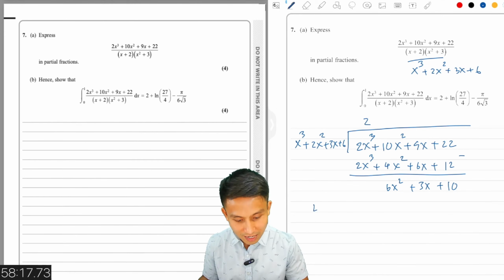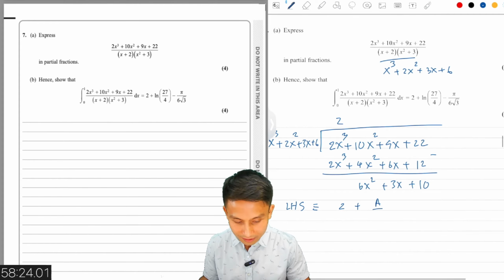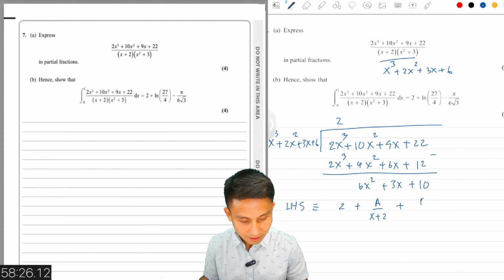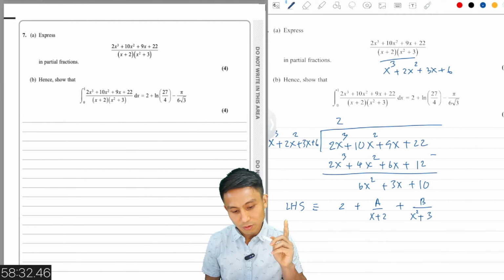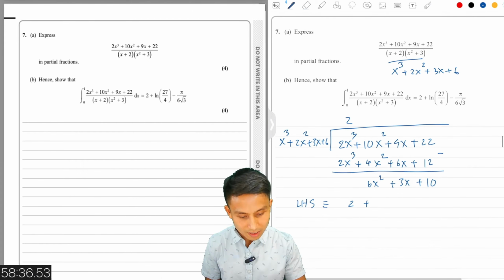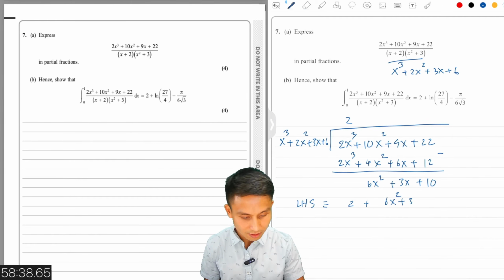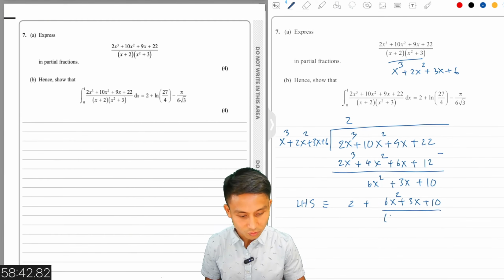So that left-hand side actually becomes 2 plus, and the same thing, basically like that. Where is it? Hang on. It would be the remainder first here, and then the divider, which is those two factors again.